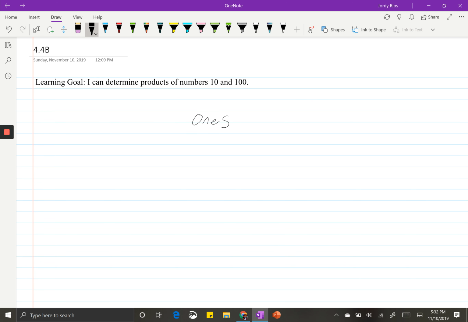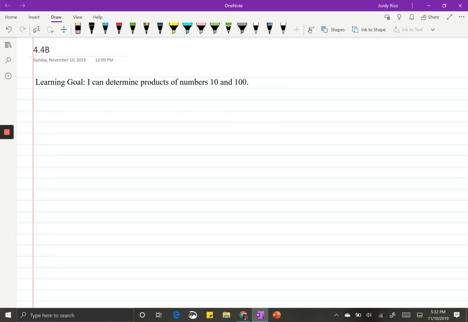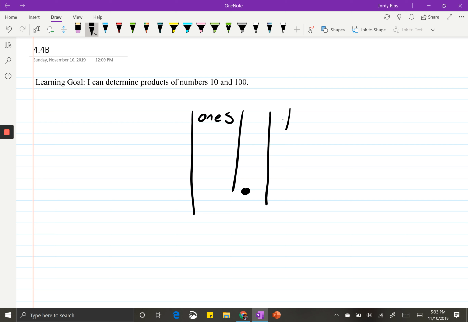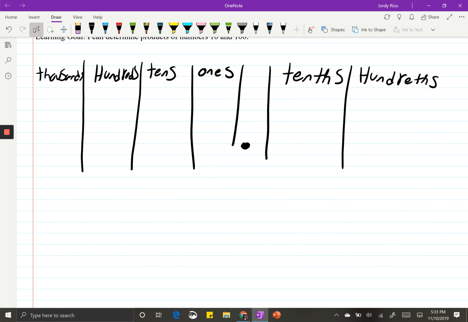Okay, so we have the ones, then here is our decimal, here's the tenths, and here's the hundredths. Then over here we have our tens and then our hundreds, and then over here, 1,000.